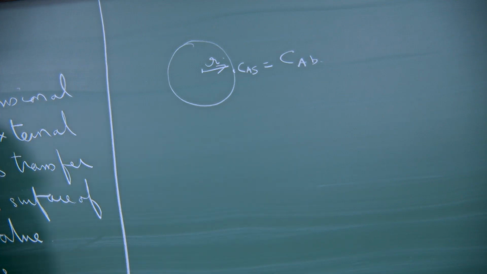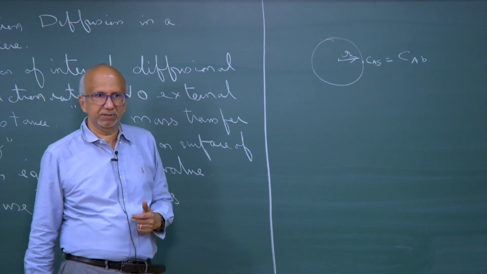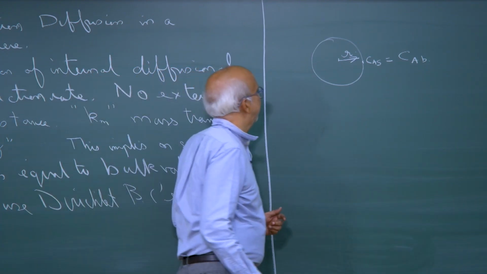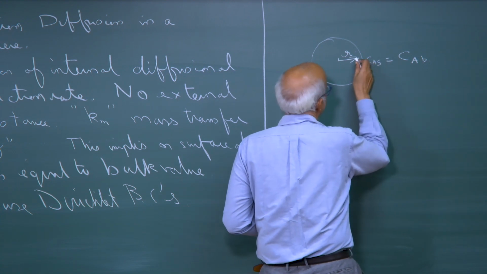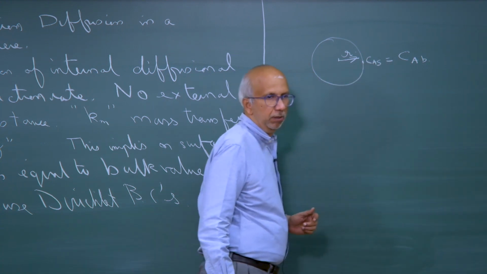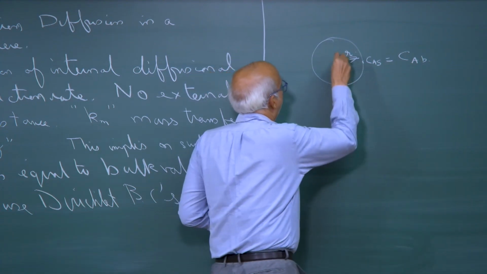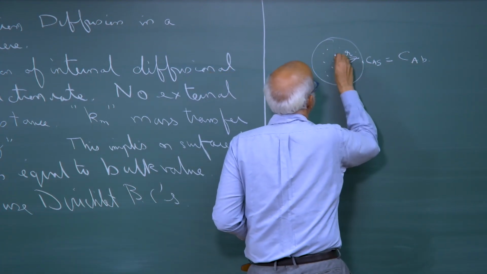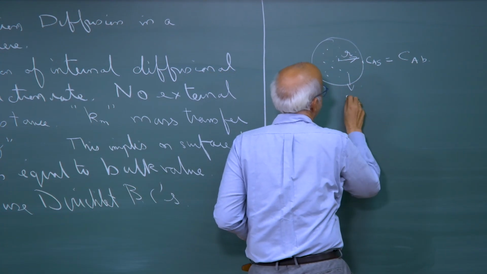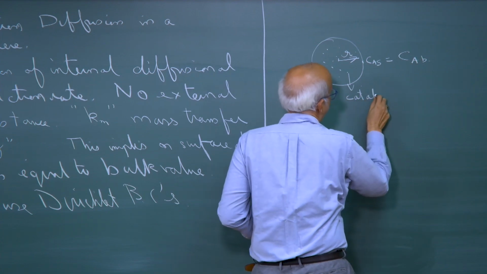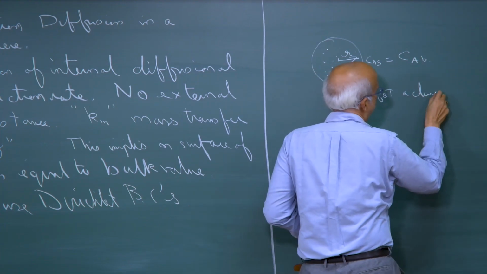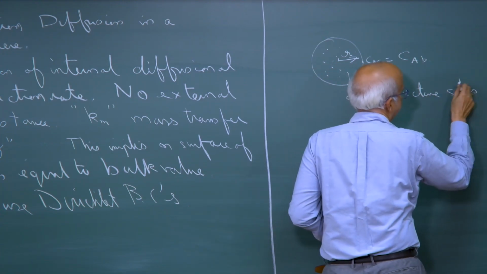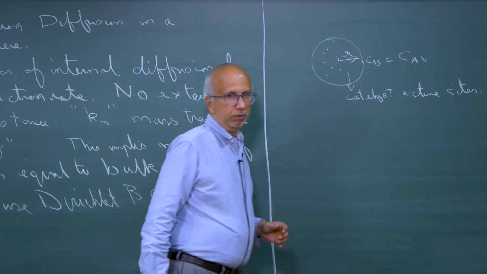The concentration of A is the same as the bulk concentration, because there is no mass transfer resistance, okay. And the gas A is going to diffuse into the pellet, and you have all these active sites, this is the catalyst, active sites, okay.